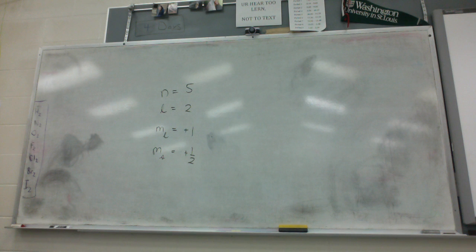All of them except the 0: 1, 2, 3, 4. That's 4 orbitals, 2 electrons per orbital, so 8. In the fifth energy level, we can have an m sub L of plus 1 in four places.